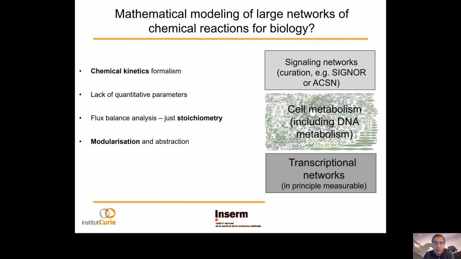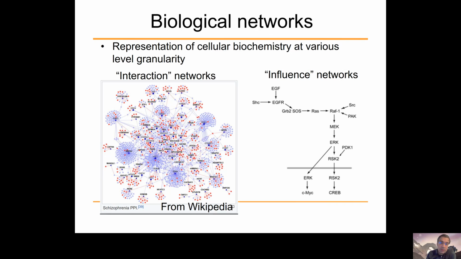Otherwise, you rely on abstraction and simplification of these networks. So you decompose them into modules, and you describe more or less abstracted interactions between the modules composing the biological system. So there are several levels of simplification that you can make to represent these networks and make them amenable for different types of analysis.